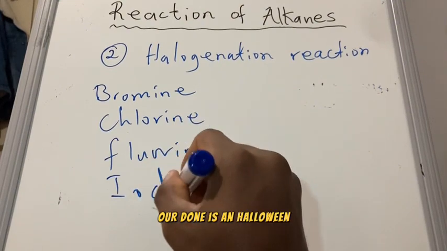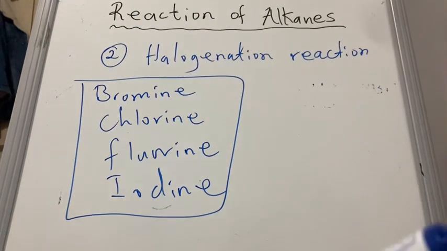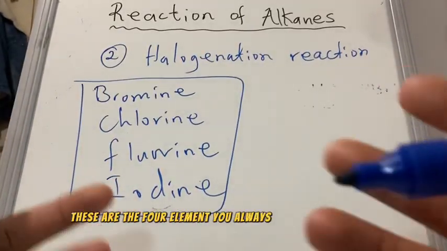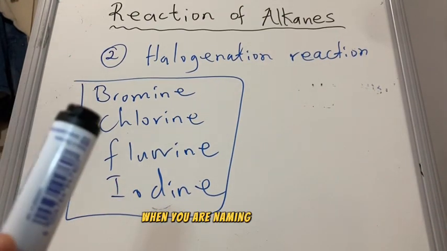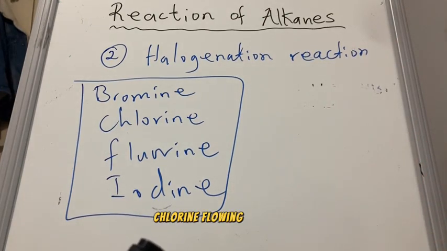These 4 elements are halogens. In organic chemistry, these are the 4 elements you're always going to come across. When you are naming a compound or writing a reaction, you always see bromine, chlorine, fluorine, or iodine.